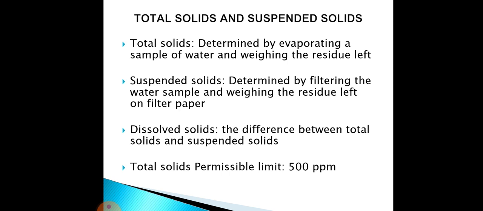So by knowing the total solids as well as the total suspended solids, we can find the amount of dissolved solids. This can be obtained by finding the difference between the total solids and the suspended solids.